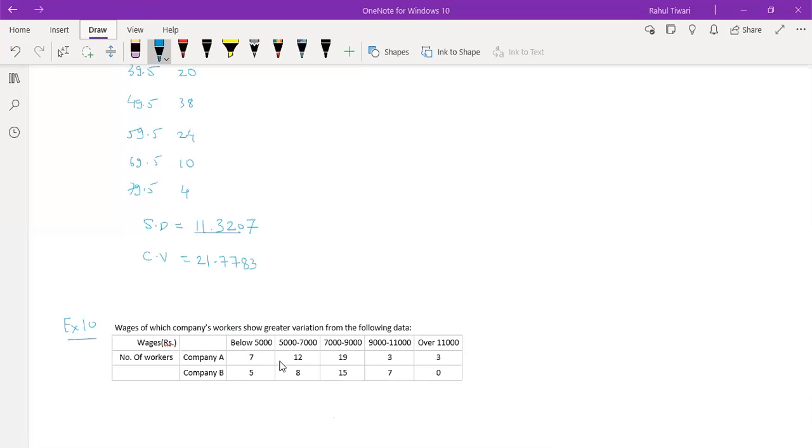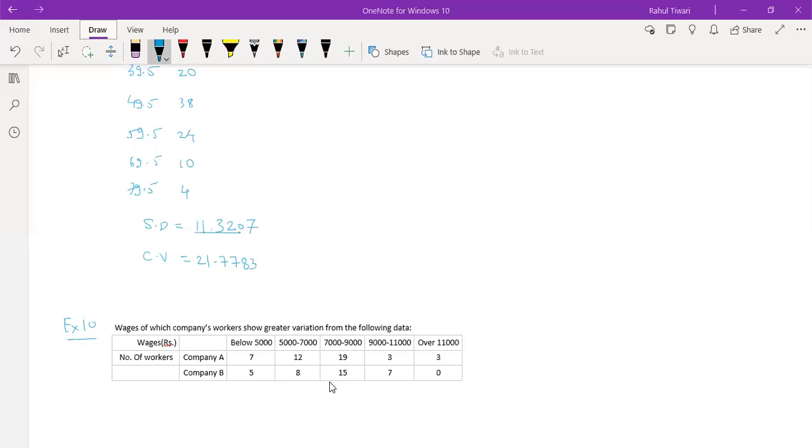For company A, I will compute the coefficient of variation, which is CV, standard deviation upon mean multiplied by 100. Similarly, I'm going to compute the variation for company B, and you have to decide which variation is higher.